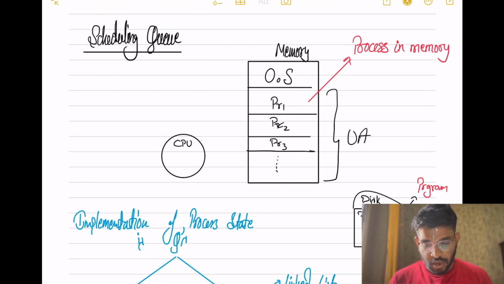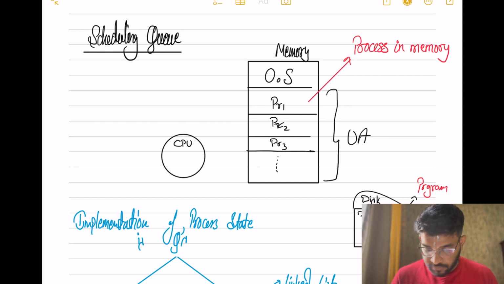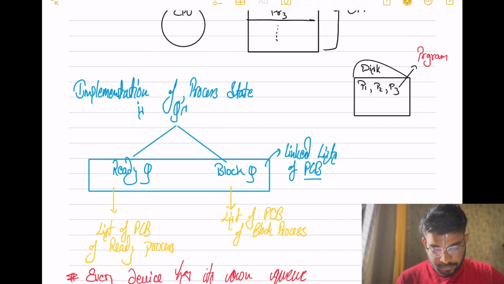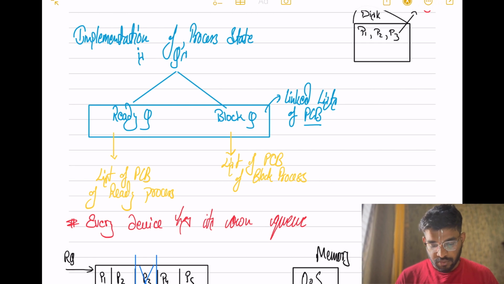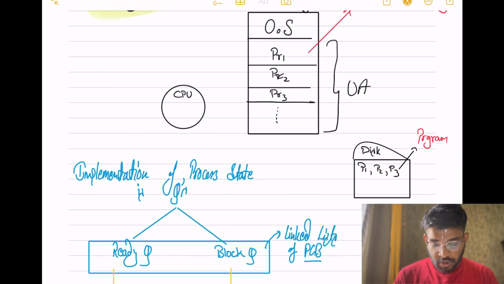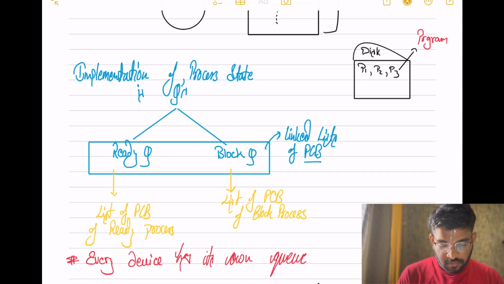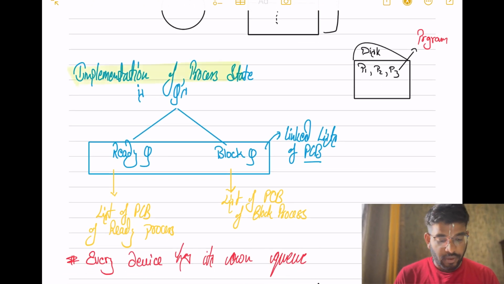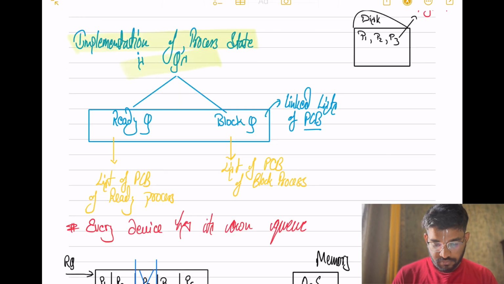Now the next topic is the scheduling queue. Scheduling queue implementation: the number of queues, processes in memory, CPU, disk, and implementation of process state and queue. There are basically two queues in general.